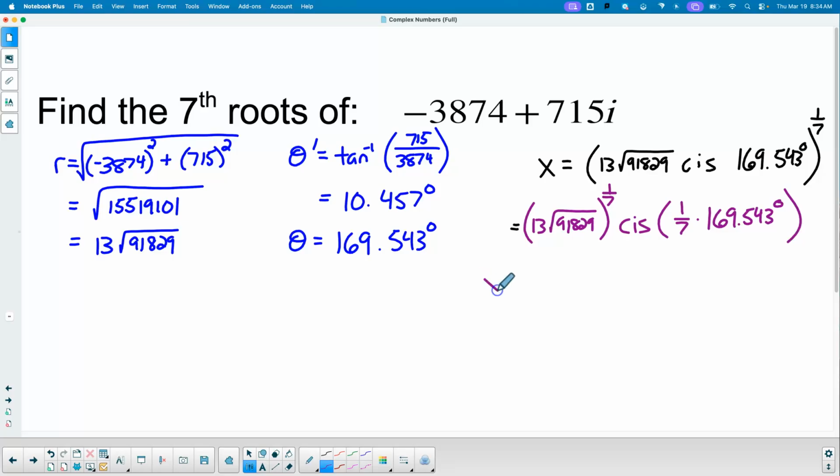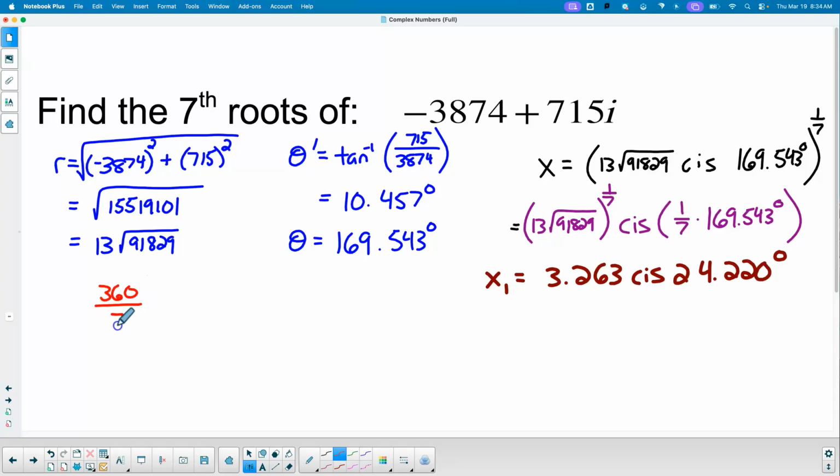So my first one is going to be 3.263 cosine i sine of z divided by 7, which is 24.220 degrees.